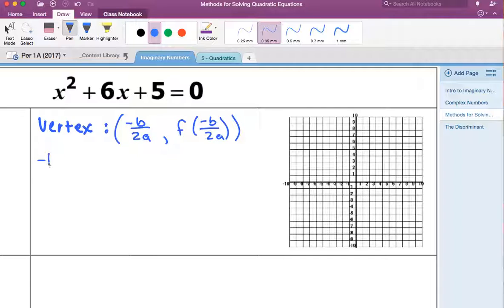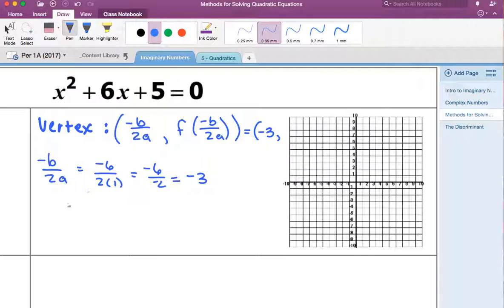So to get the x value, that will be negative b over 2a, which is negative 6 over 2 times 1. Negative 6 divided by 2 gives me negative 3. So in my vertex, the x value is going to be negative 3.